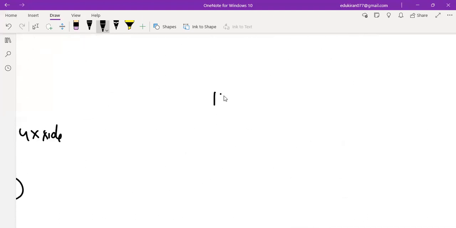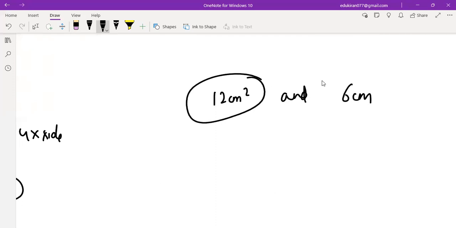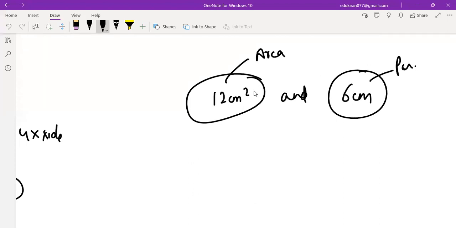For example, just by looking at the question, tell me which one is area and which one is perimeter. You will say, ma'am, this one is area, the reason is it is centimeter square, and this one will be your perimeter. So whenever you find area, if you don't write centimeter square or meter square, then that won't be considered your answer. Clear?